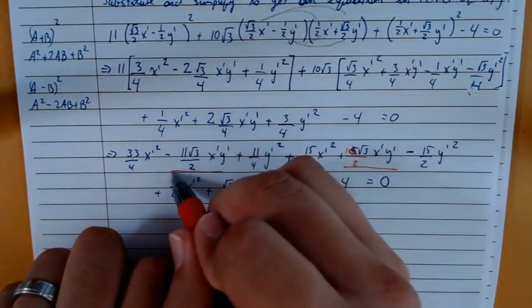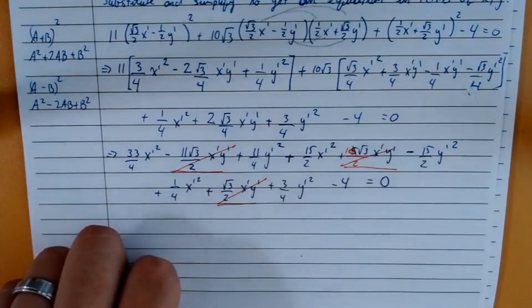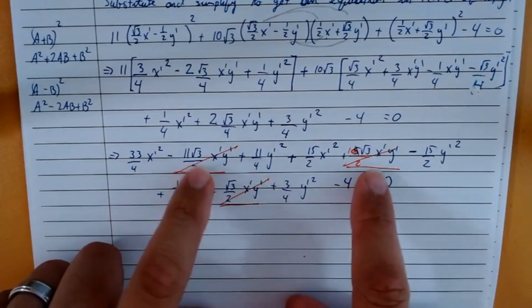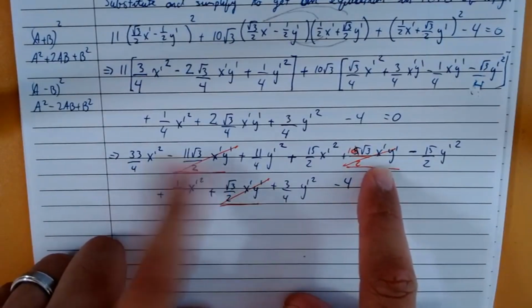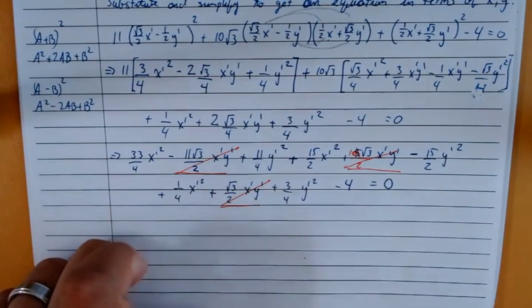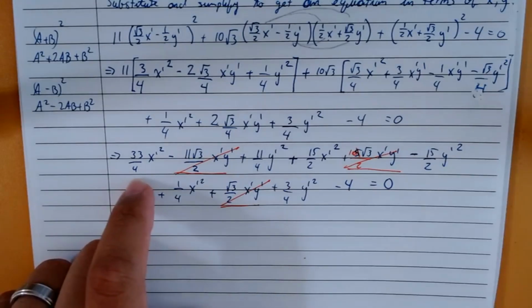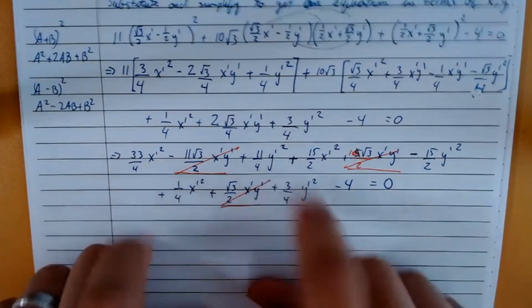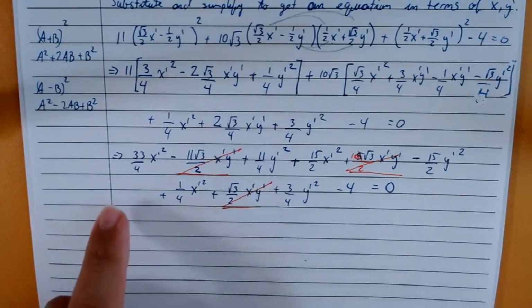So by combining these 3 terms, I just get 0, which is exactly what we want. When we rotate our axes, we're supposed to get rid of the mixed term. There are no more mixed terms left. So whatever's left will now be rotated enough to be in the new x prime, y prime system. So let's go ahead and combine whatever's left.